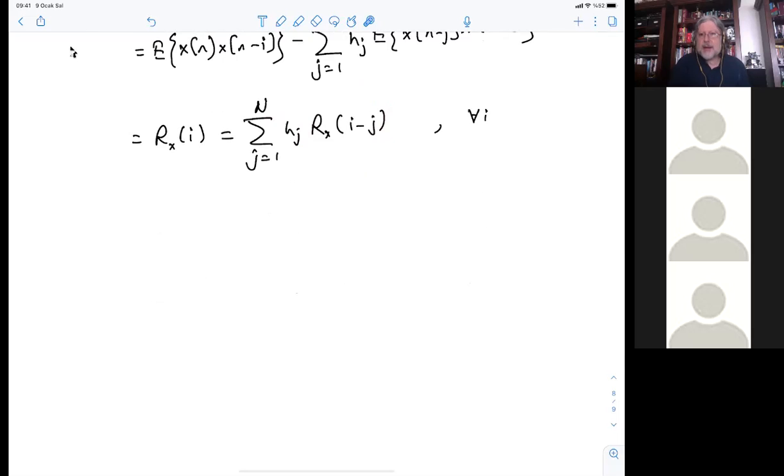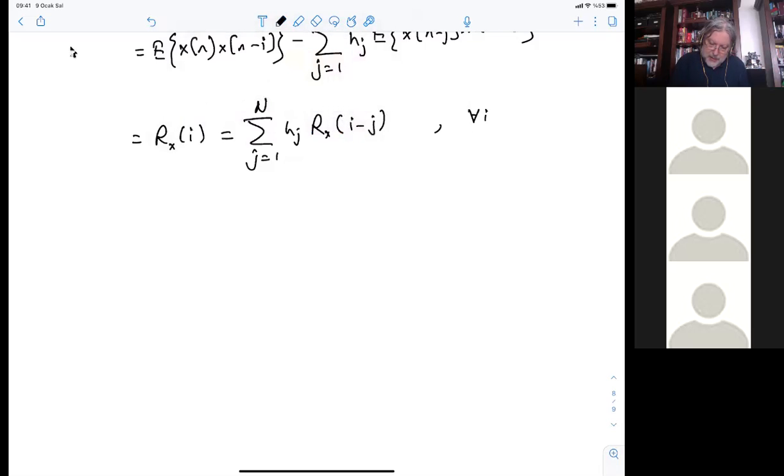How many equations are there? There are 1 to capital N, so there are capital N linear equations, if you know Rx of i minus j, of course, or Rx of i for all the necessary coefficients. Let me put it in a more explicit format so you may understand better.